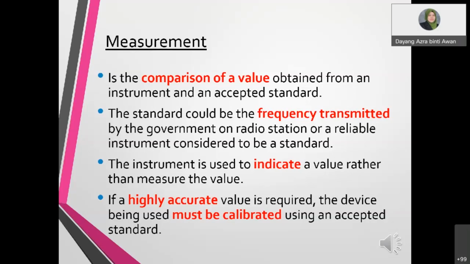If a highly accurate value is required, your equipment or instruments must be calibrated. That's why before you do the measurement, you need to make a calibration, so that your results are accepted by the standard and are correct.